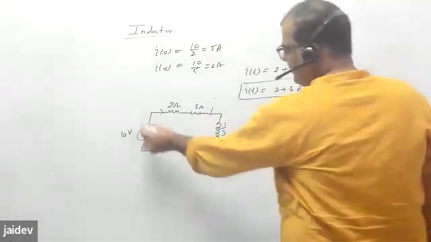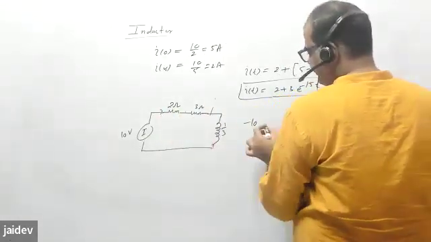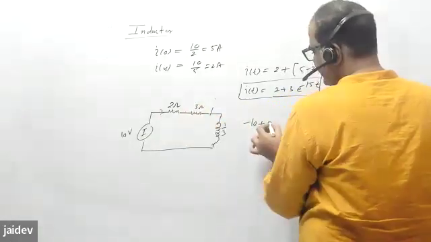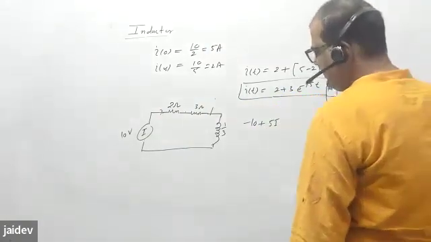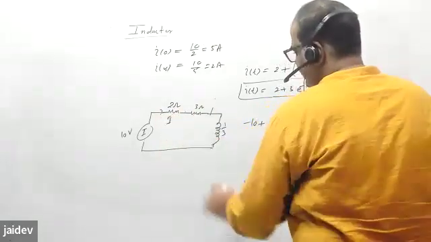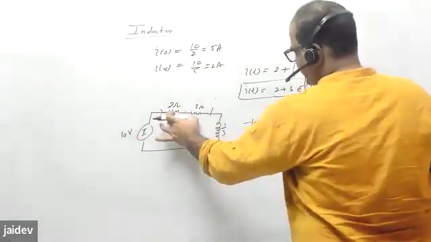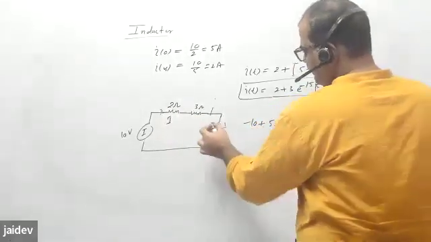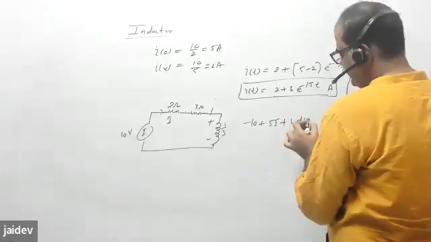If I write the KVL here, minus 10 plus 5i, the current is flowing, and then the voltage across the resistor plus the voltage across the inductor, L di by dt.